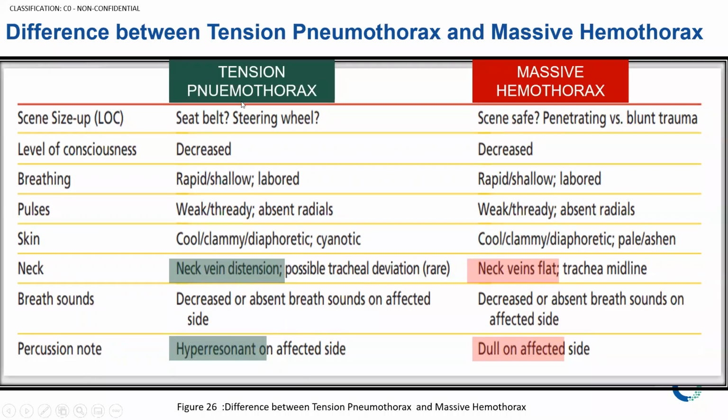However, on the neck, in tension pneumothorax the neck veins will be distended. In massive hemothorax, the neck veins will be flat. Breath sounds, both will be decreased or absent on the affected part. But look at the percussion.